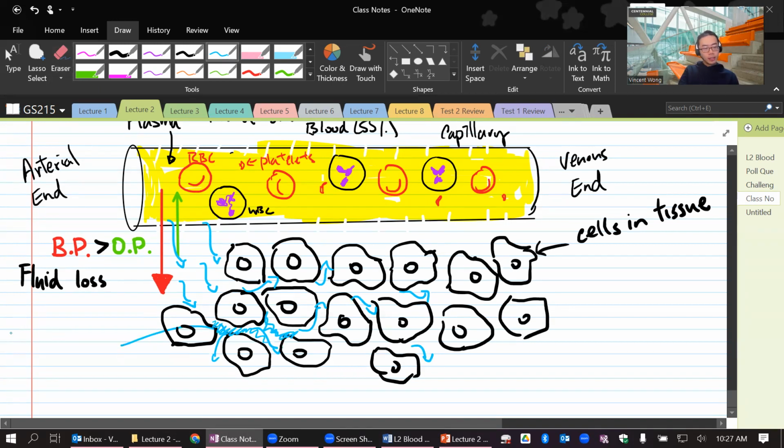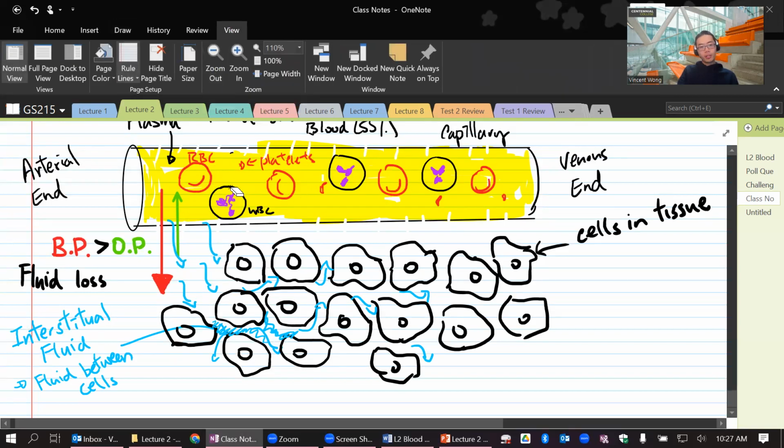They are called interstitial fluid. Okay, so these are fluid between cells.